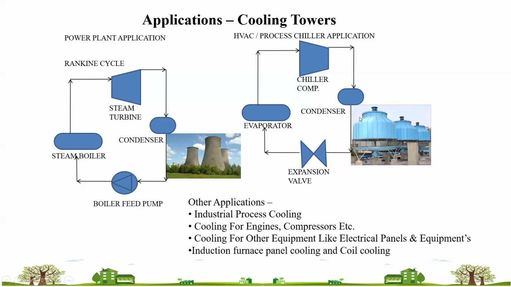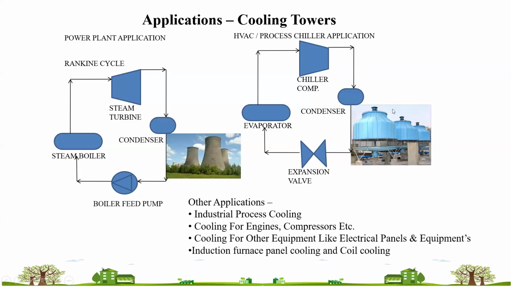There is an inlet water line attached to the cooling tower. On the top of it, the water splashes and falls on surfaces. The surfaces might be fills, or honeycomb-like structures, and the water falls on that surface and comes in contact with the air, and air suction is done from this side.